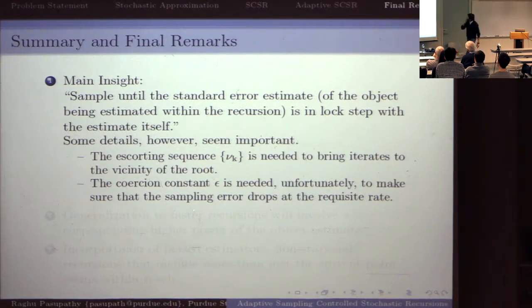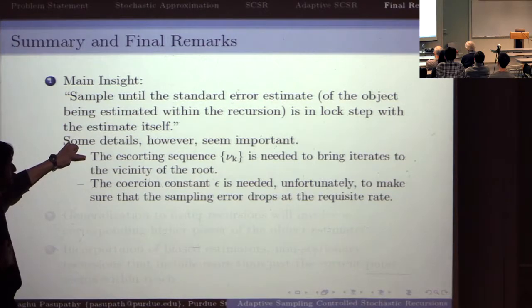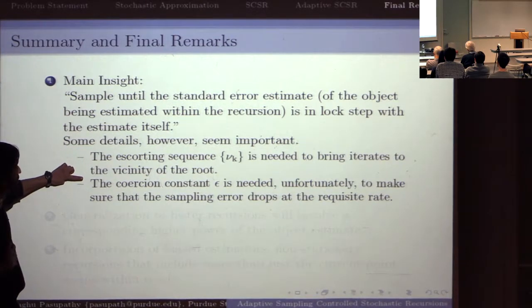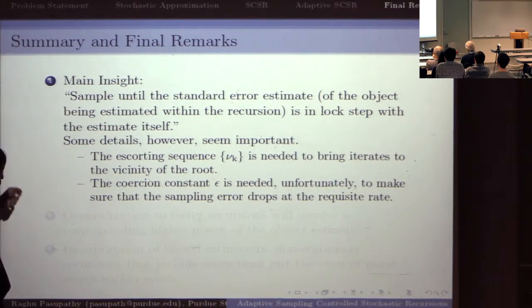Like I mentioned, the escorting sequence UK is needed to bring iterates to the vicinity of the root. The coercion constant epsilon is needed, unfortunately, to make sure the sampling error drops at the requisite rate.